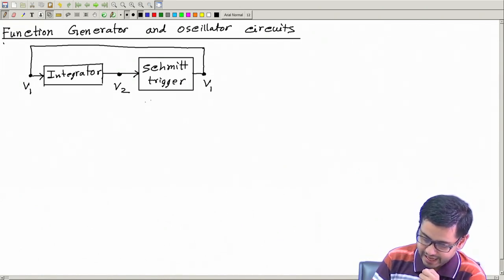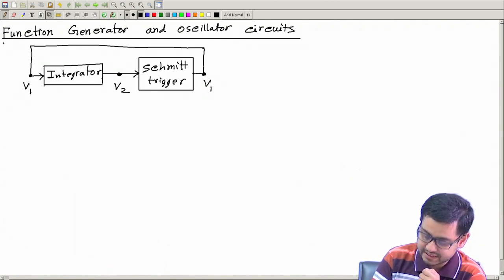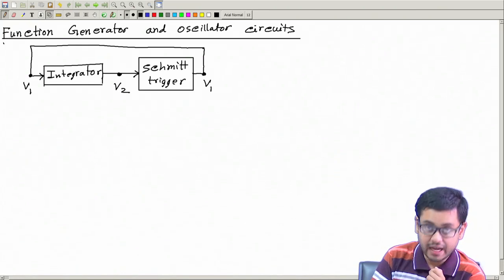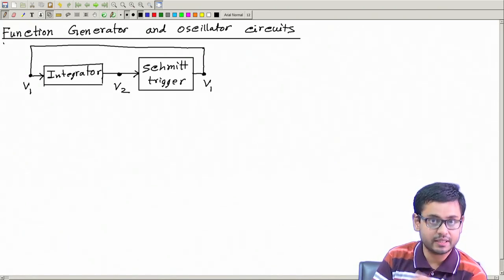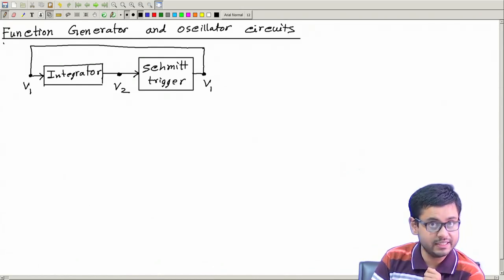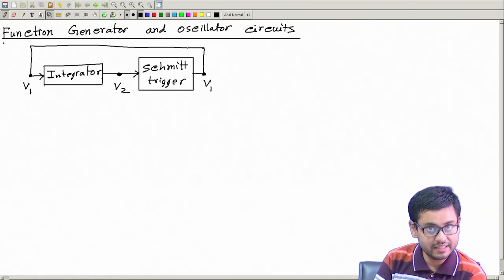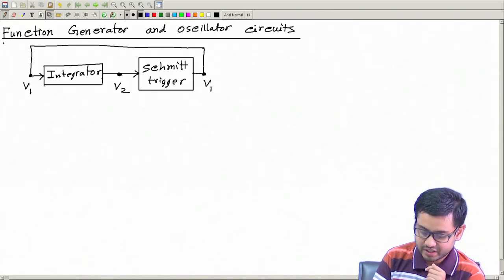Now, you see that if V1 has a definite value which comes at the input of the integrator, say V1 is constant and positive, then the output of the integrator will change continuously, either increasing or decreasing.